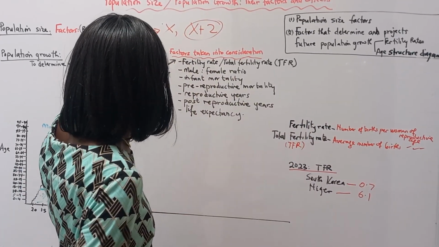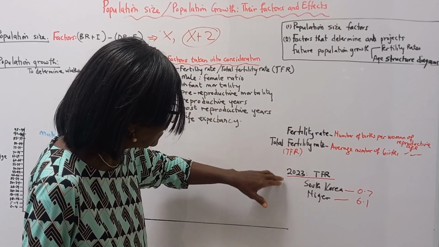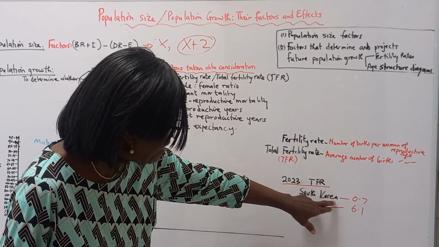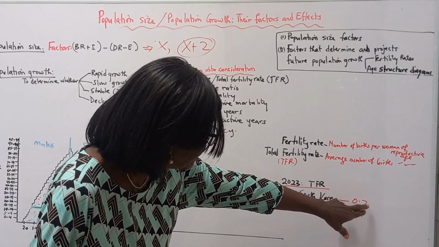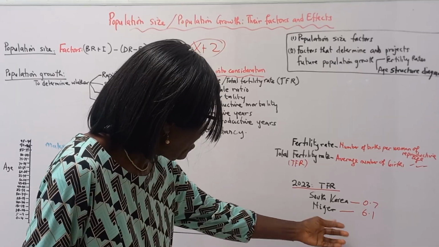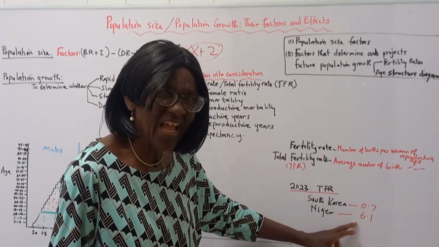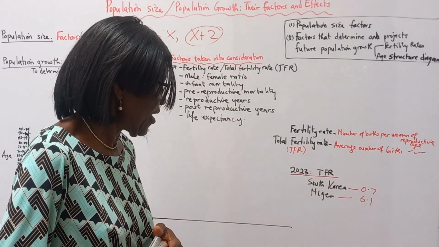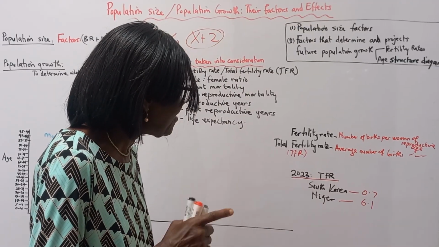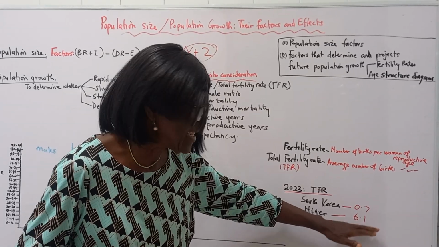Let's look at the total fertility rate of some countries. In 2023, South Korea's total fertility rate is 0.7. Niger's is 6.1. These figures show that the population is growing in Niger much faster than in South Korea, because many births are going on in Niger. So it gives you an indication of the growth of the population. It will be faster here than here.